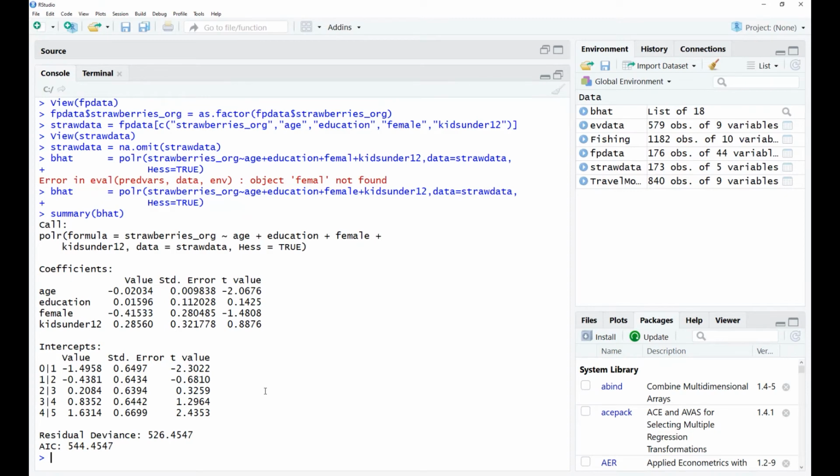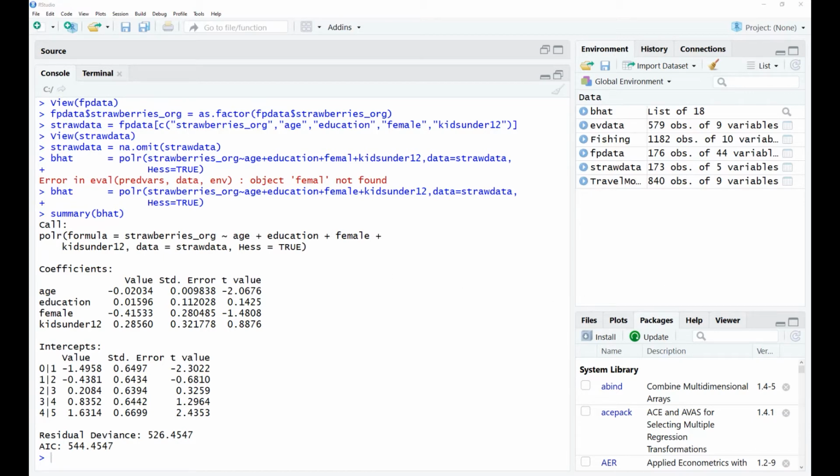In this case, the cutoff values are at negative 1.49, negative 4.4, and so on. Note that usually those values are not very important. All we really care about are the values of the coefficients and the t-value to determine whether they are statistically significant.